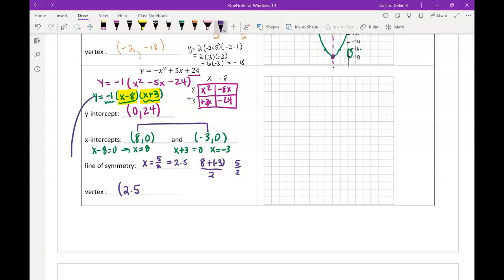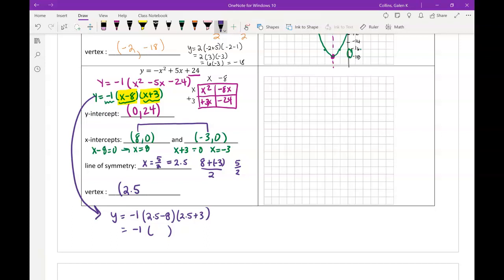So again, to get my vertex, I'm going to use factored form. You could use any form. I think factored form is easiest, but I've got the -1 out front. I'm substituting 2.5 for x, so 2.5 minus 8 and 2.5 plus 3. Yuck. All right, so I've got 2.5 minus 8, which is what? Oh, sorry, keep my -1. You know I'm bad at subtracting in my head.